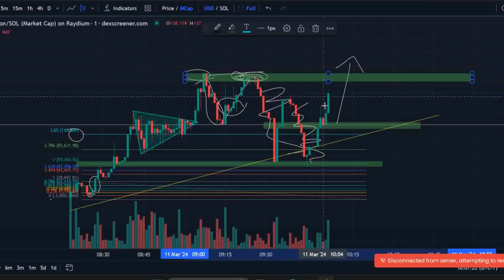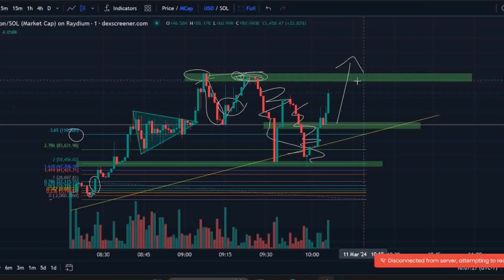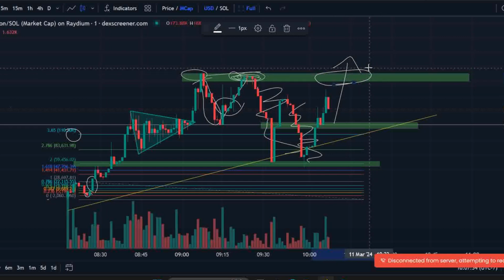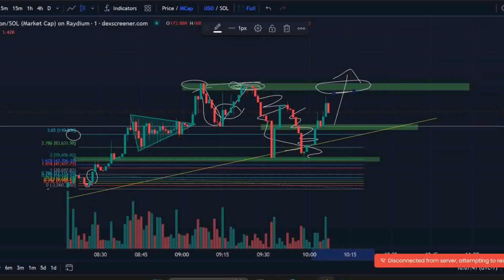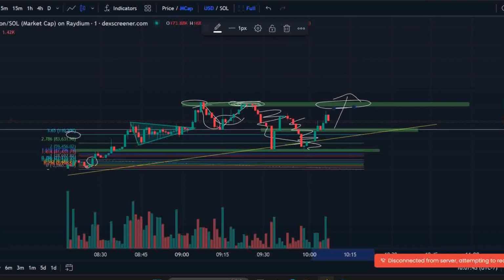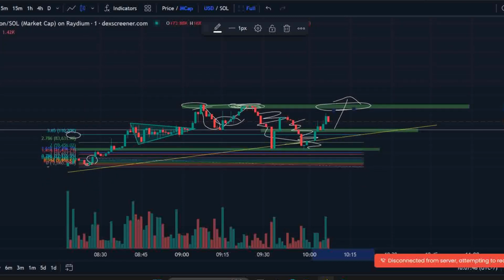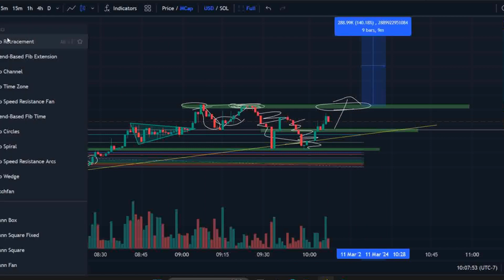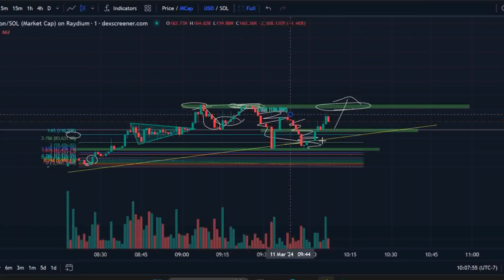But if I see this become a support, I might buy in and see, because after 200k it might go to 500. So I would just probably try to hold it until 5. But again, this fib trick, it kind of works.